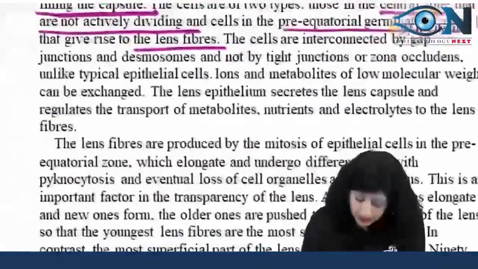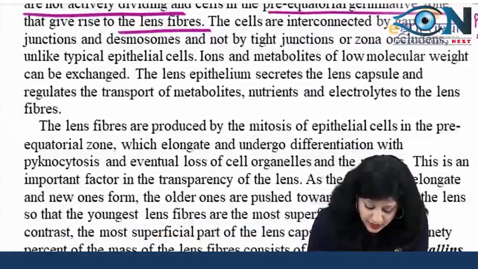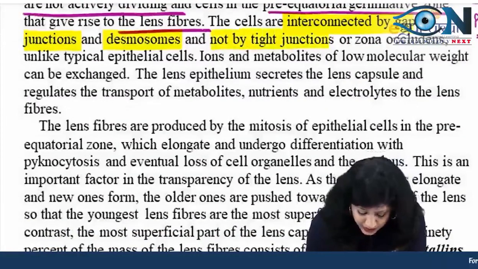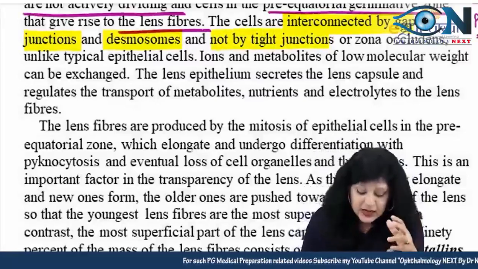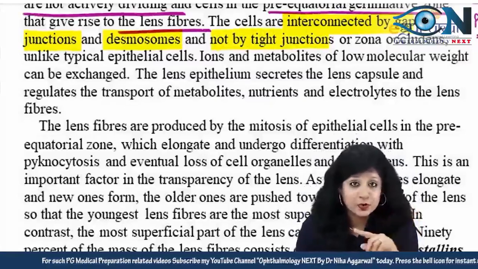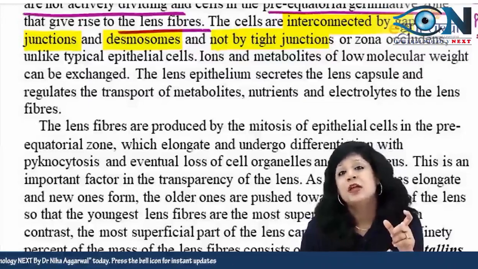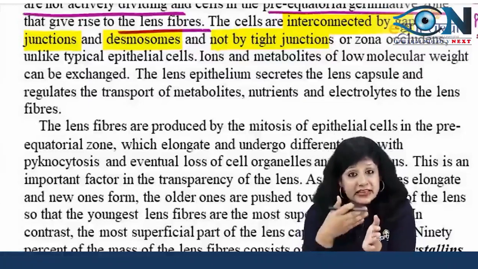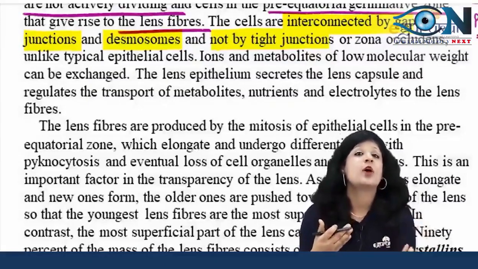Alright. Now cells are interconnected, so we have got something like tight junctions here. So these are interconnected by the gap junctions and the desmosomes and not by the tight junctions. They are like tight junctions, but actually they are not, and they can allow leaking. That is why, if you remember, when we have got hypermature cataract, Morgagnian type, there is leaking of the cortex proteins through the capsule and they are coming out and blocking the trabecular meshwork.